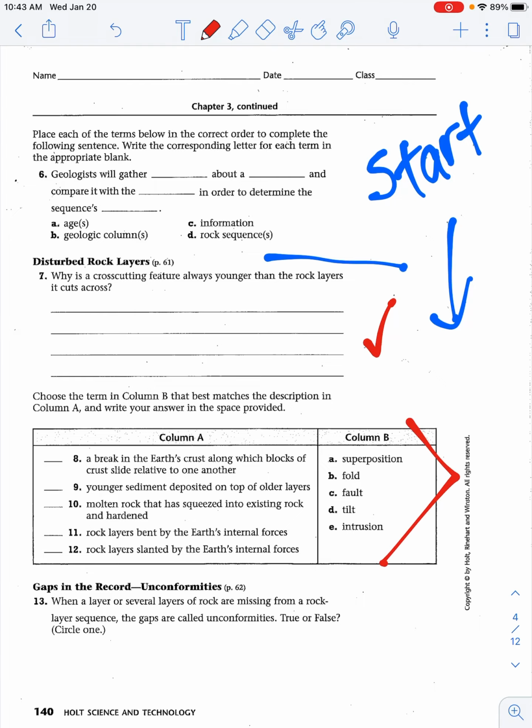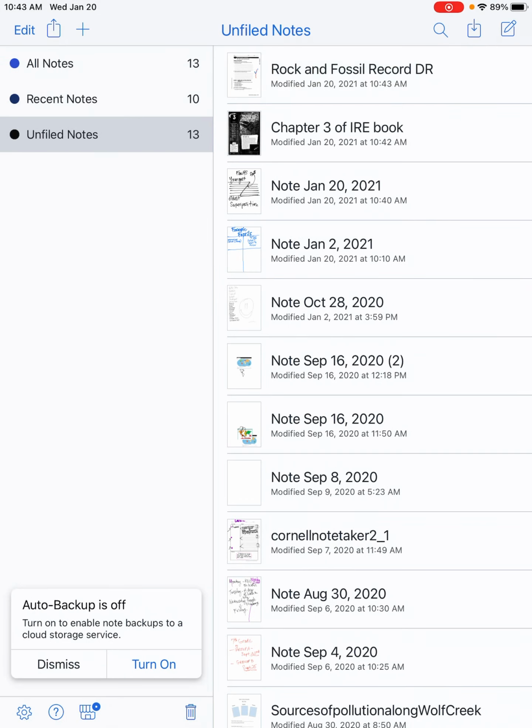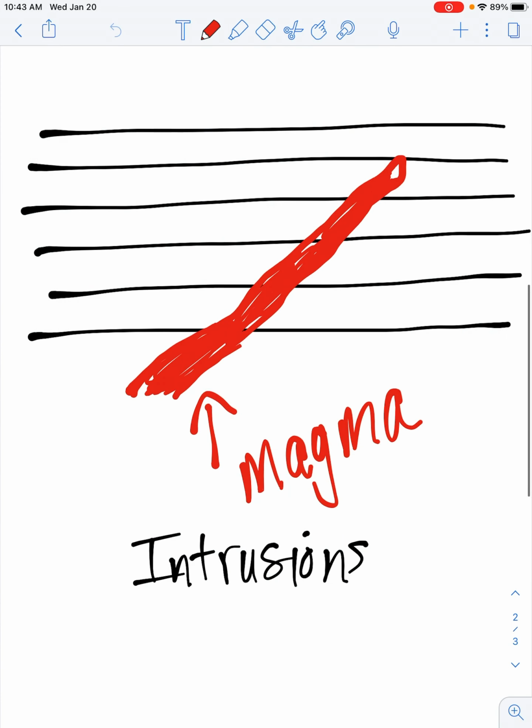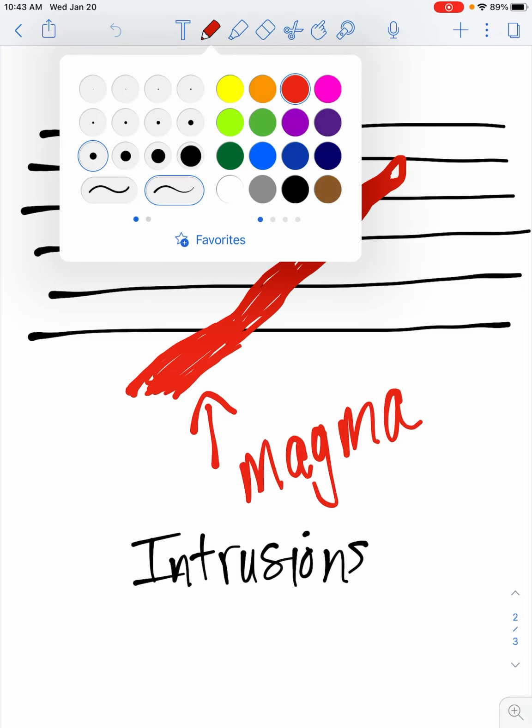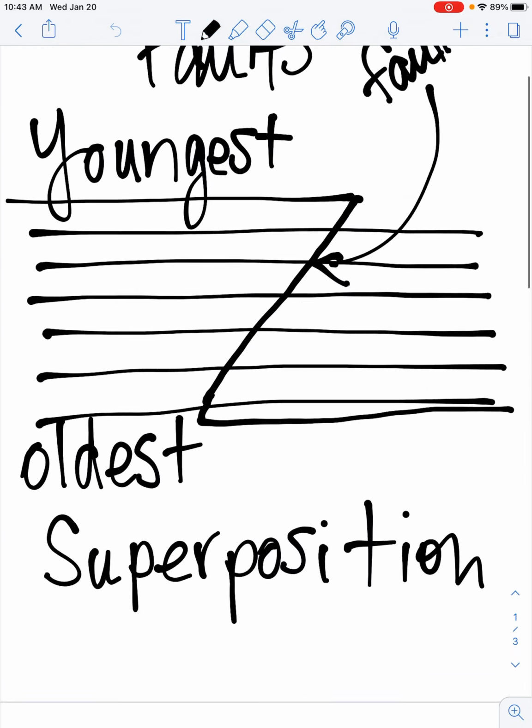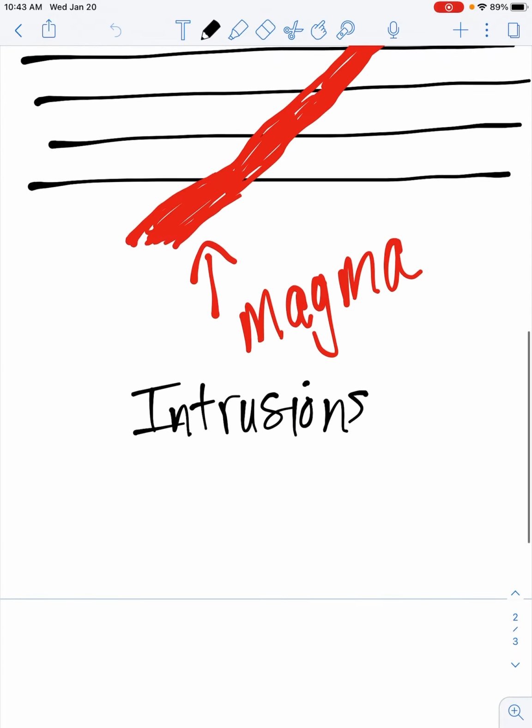Okay? So there are two other types of ways that rock layers are disturbed. I told you about two of them, faults and intrusions, but sometimes the rock layers get folded, and we already talked about this.